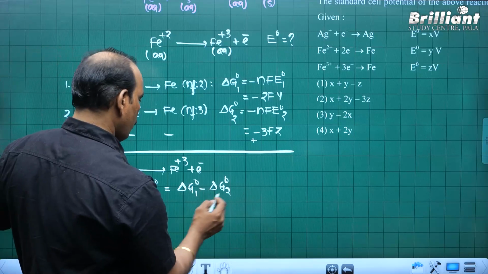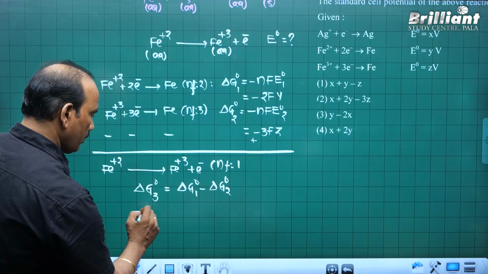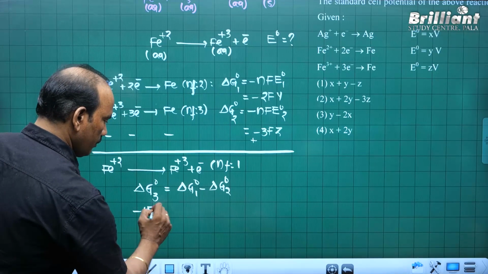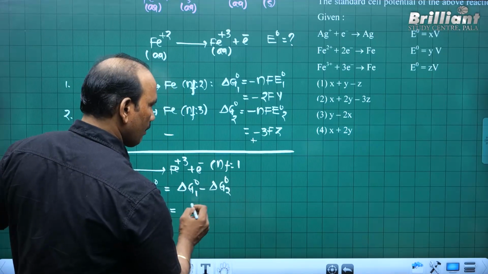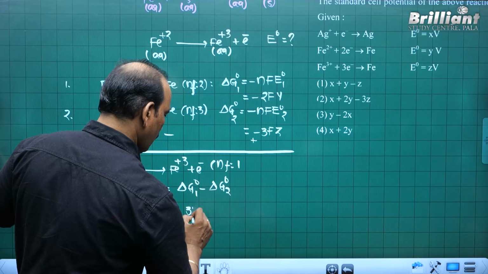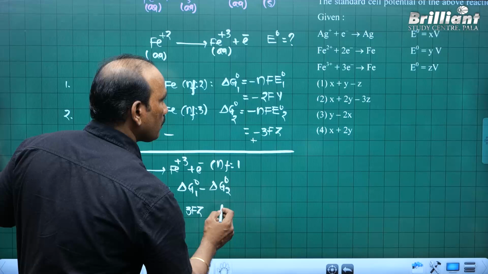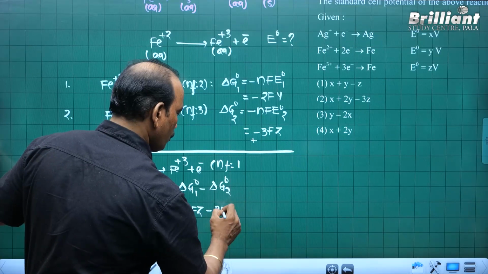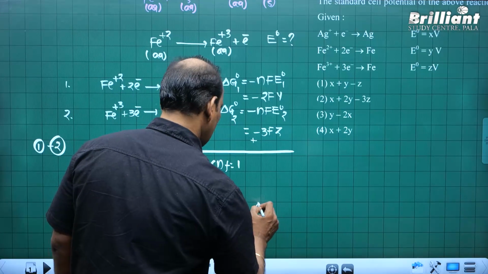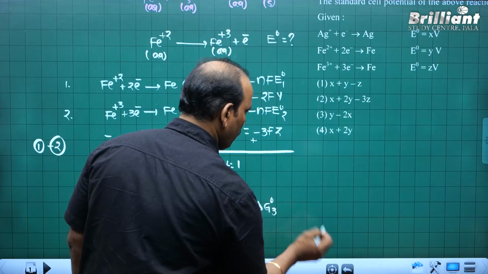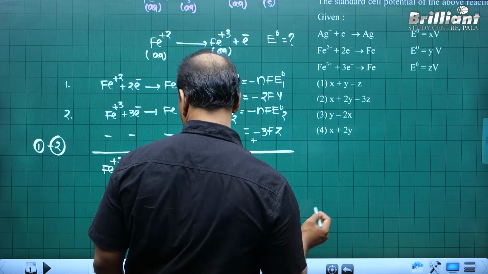Okay? Now what is the n factor of this one? The n factor equal to 1. Therefore minus 1F E0 3 equal to this value. What is the value? This is 3FZ, and that is minus 2FY. This is delta G0 3. Okay? I am taking this as equation 3.